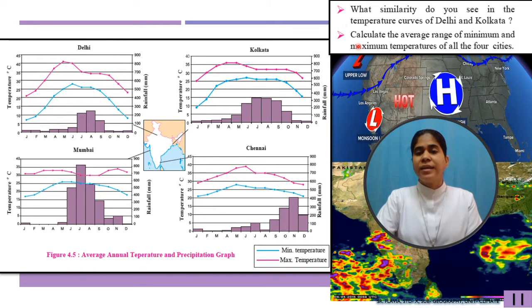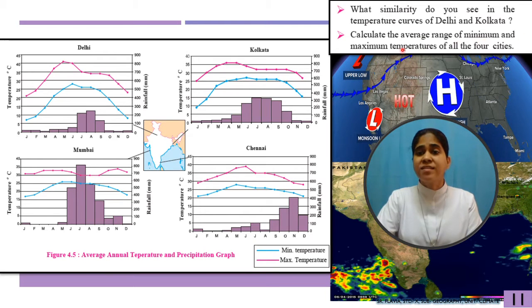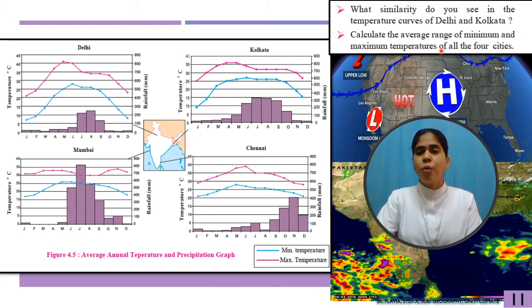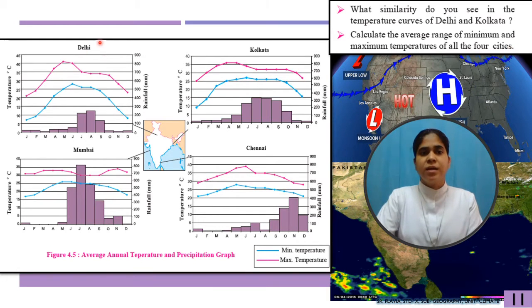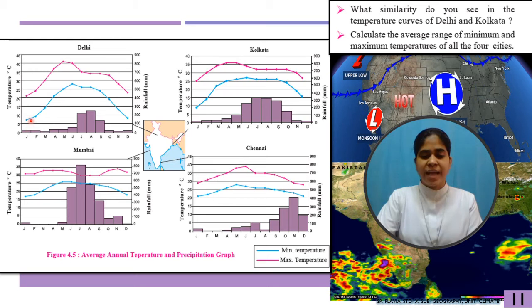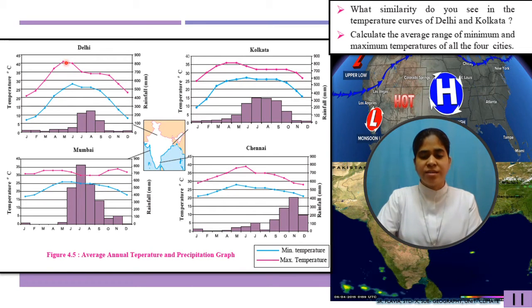Next question. Calculate the average range of minimum and maximum temperatures of all the four cities. Move on to Delhi. The minimum temperature of Delhi is 6 degrees. Maximum is 41 degrees.